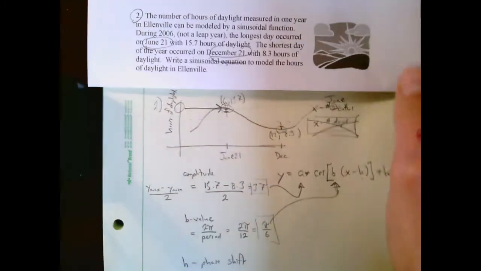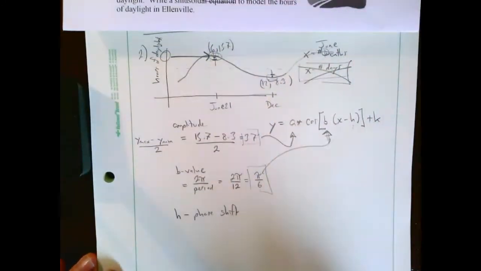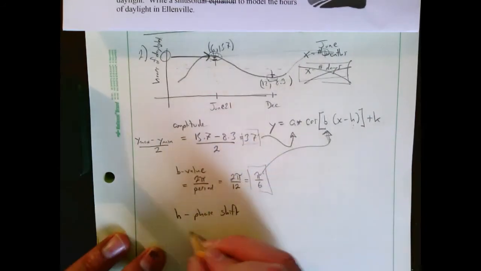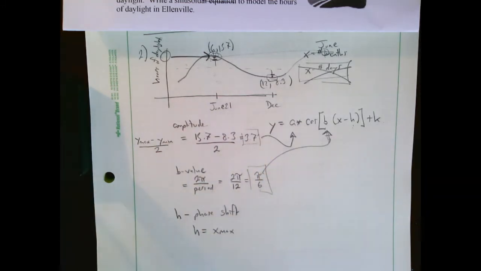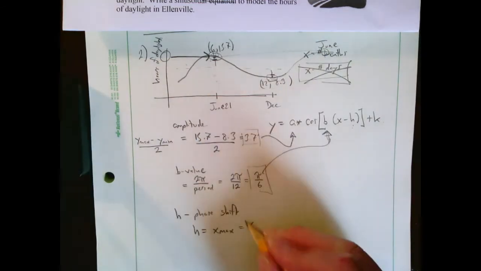When I look at that phase shift, h is simply going to be my first x max value. Actually, it's any x max value. I'm going to go for the first one because I don't feel like talking about years in the future. So for us, that happens in June. That's going to be 6.